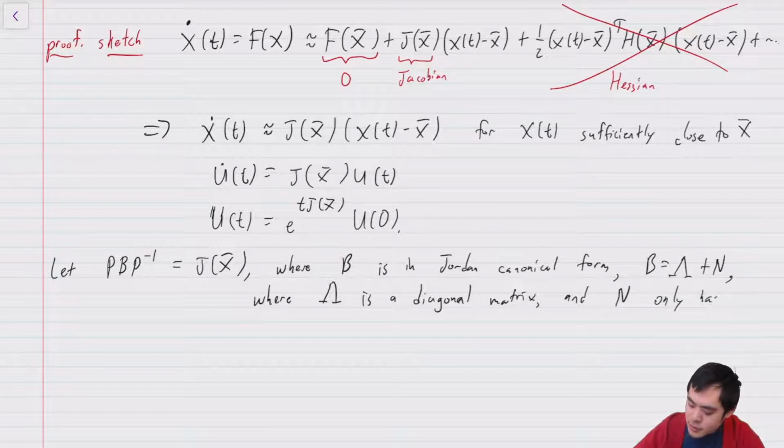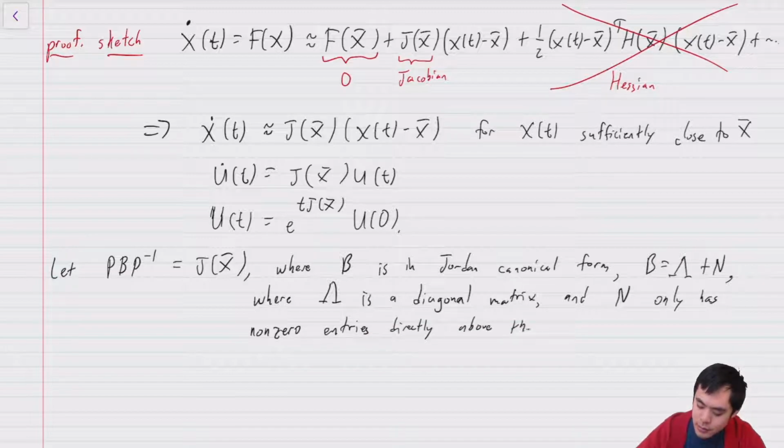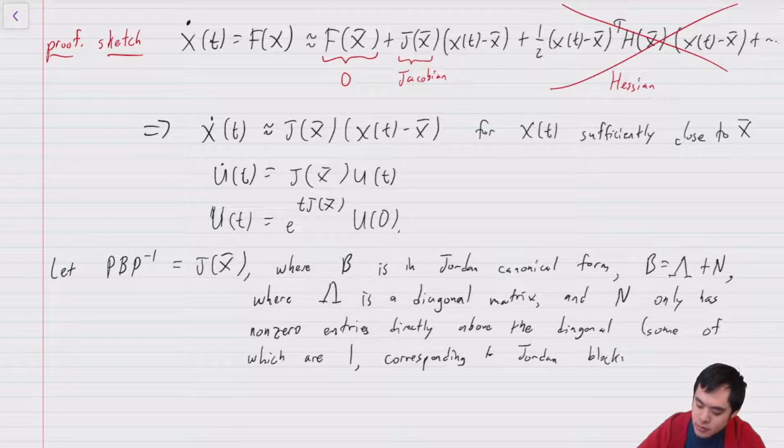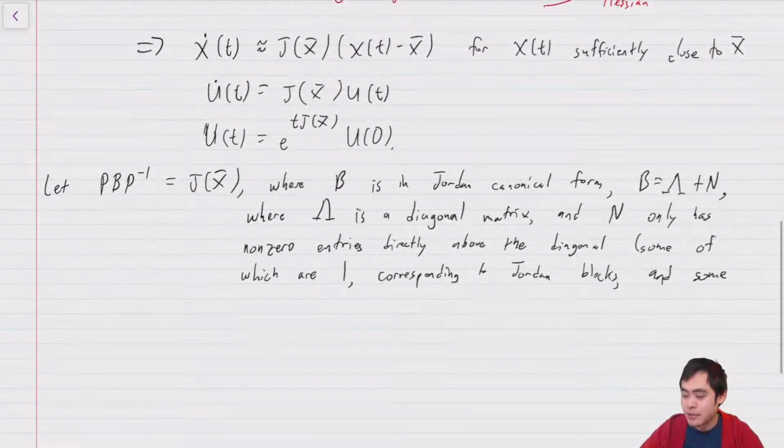N only has non-zero entries directly above the diagonal, some of which are 1, corresponding to the Jordan blocks, and some of which are 0, if you actually had eigenvectors.